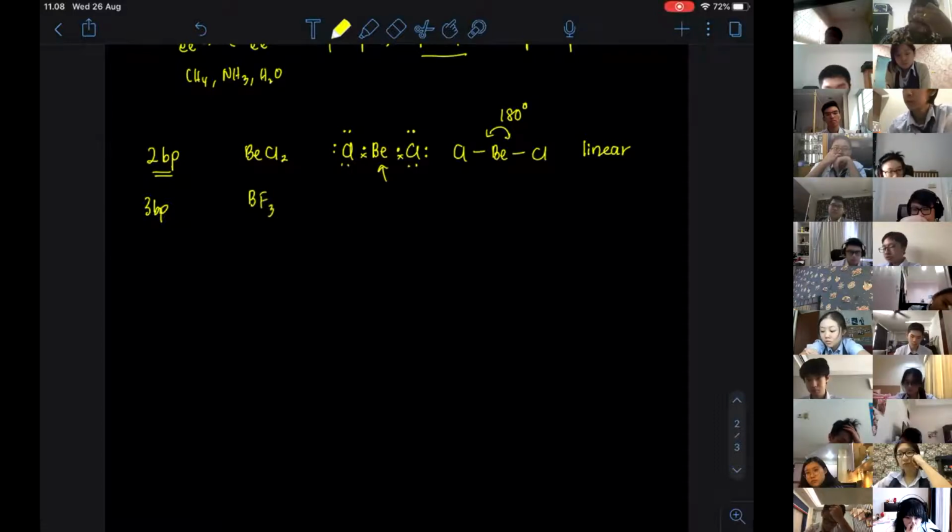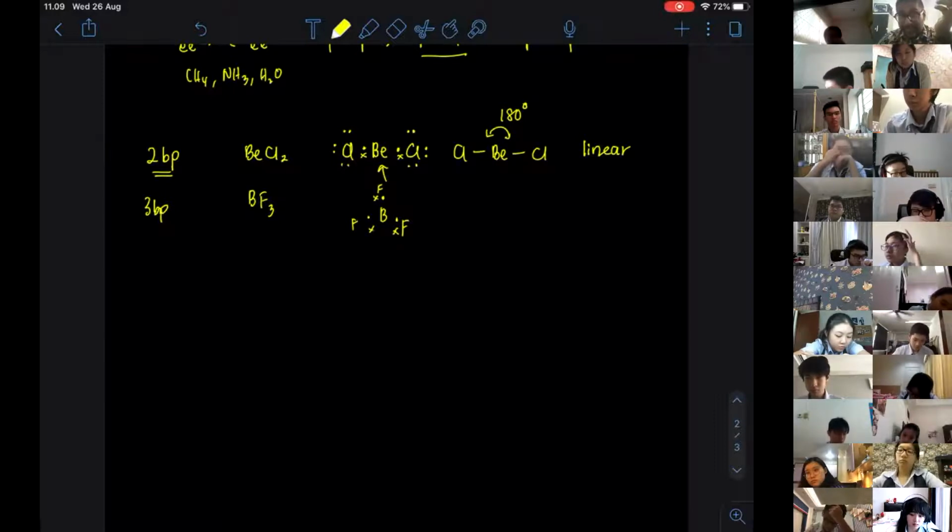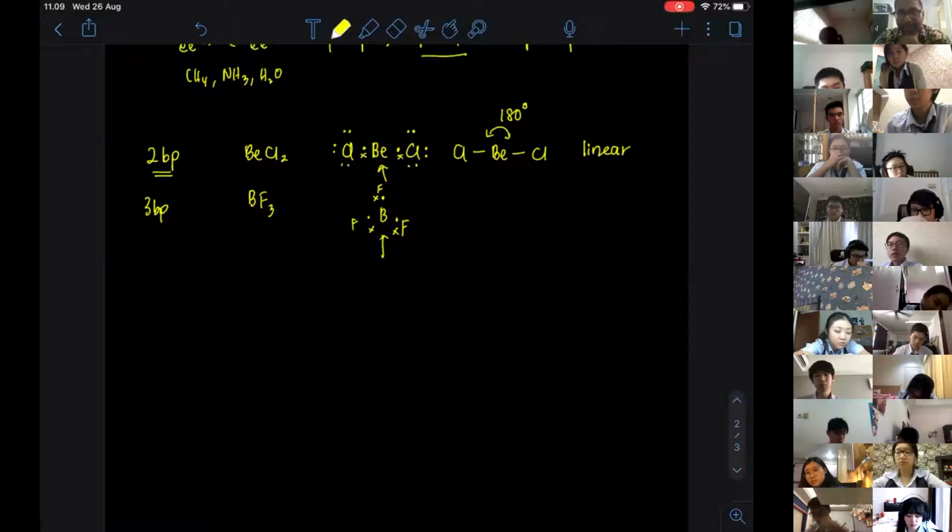If I have BF3, if I simply draw something like this, F, F, F. I'm not drawing all the valence electrons, because we are interested in the center atom. The center atom is B, which has 3 bonding pair.